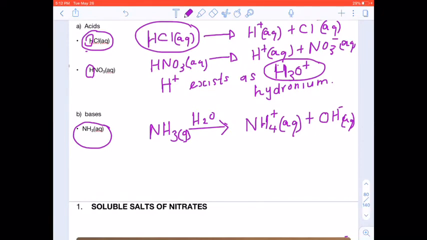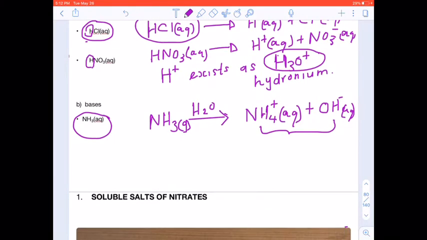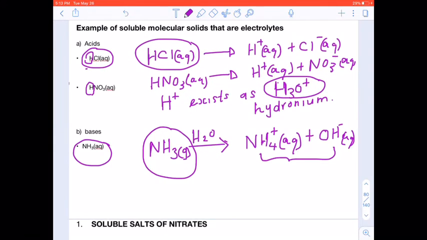You'll notice I haven't balanced that reaction. I'm just giving you an indication, in a water environment, of what ions are formed when ammonia dissolves in water, right? And we know that it forms an electrolyte because it conducts an electrical current. Okay, so here it's an important base that you're going to be dealing with in grade 11, and I've mentioned two of the acids.